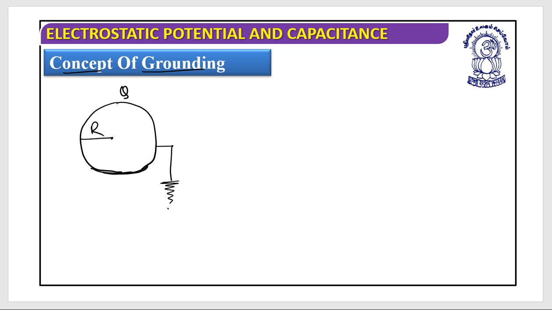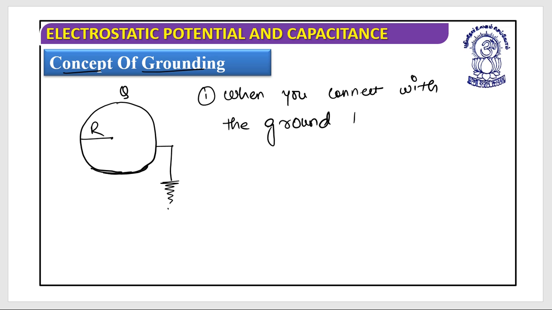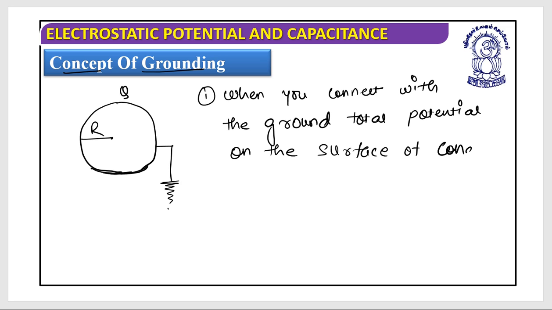First thing, what does it mean when you connect with the ground? When you connect with the ground, the total potential on the surface of a conductor is zero.